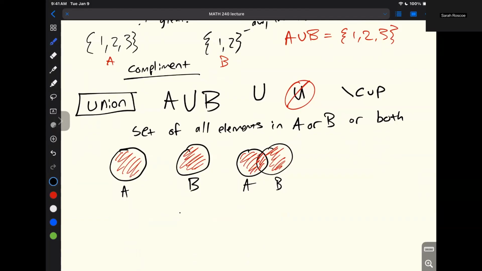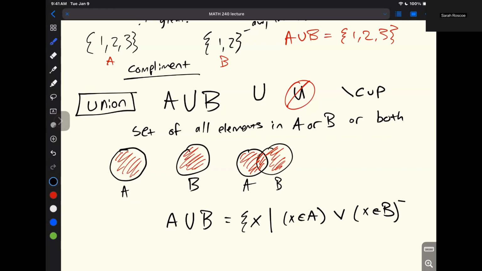And so we write this in set builder notation as A union B is equal to the set of all things X such that X is in A or X is in B. So whether it's in A or B, it's included.